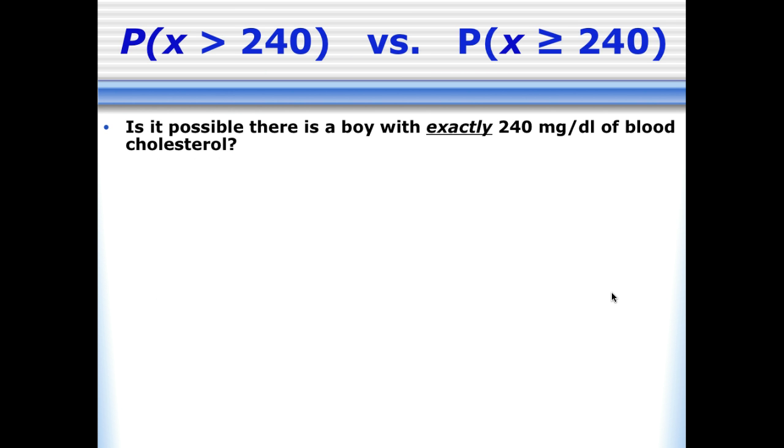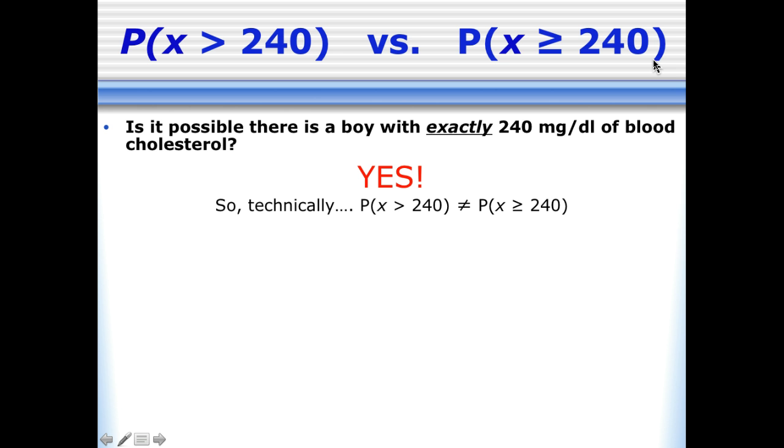Now I want to clarify a couple quick things. If I ask for the probability of selecting a boy with cholesterol above 240 versus selecting a boy with cholesterol of 240 or more, those are technically slightly different things. In fact, there is an area directly above the value of 240 that would not be included in this probability, but would be in this probability.